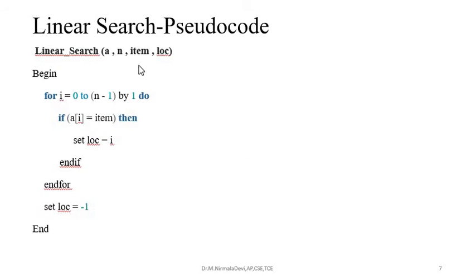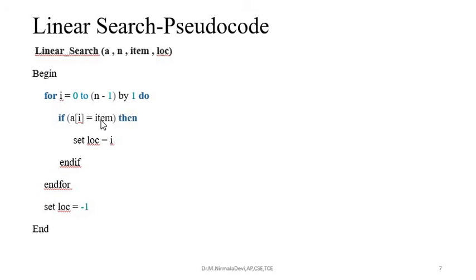Linear search takes the array of elements, the number of elements n, the item to be searched, and returns the location of the element. So i runs from index 0 to n-1, incremented by 1. If a of i is equal to the item to be searched, then all the elements in the array are searched one by one.